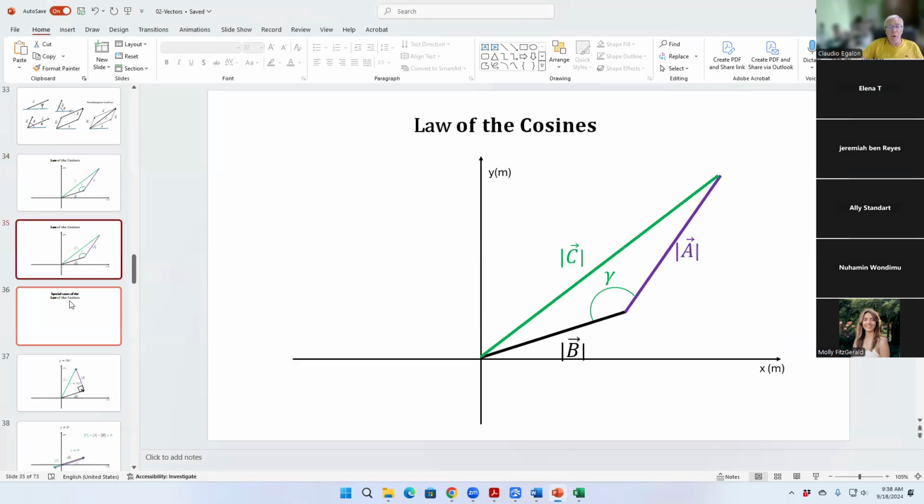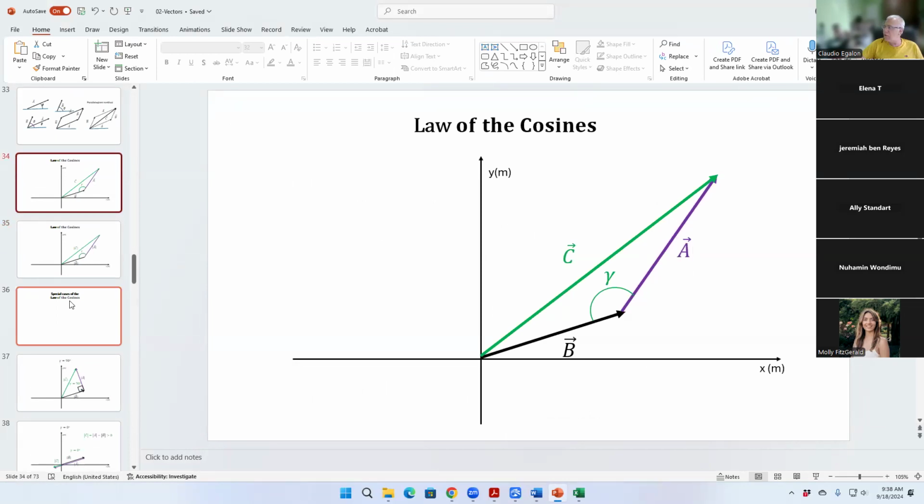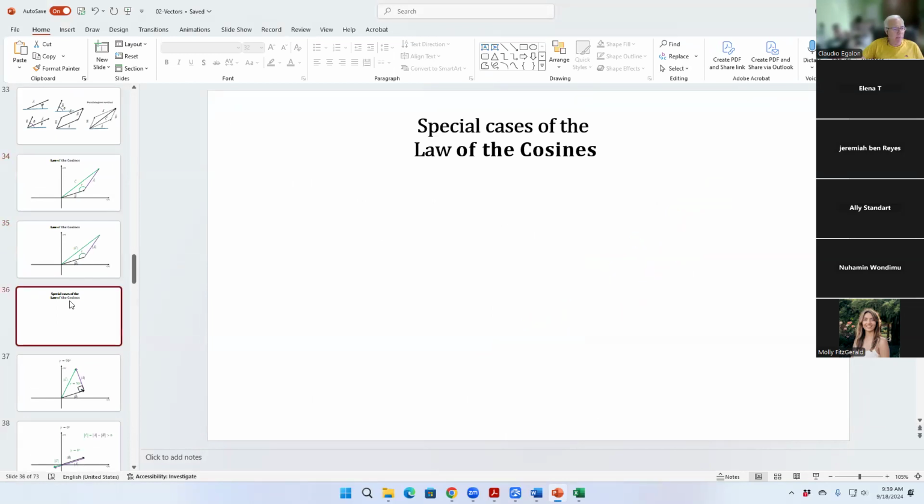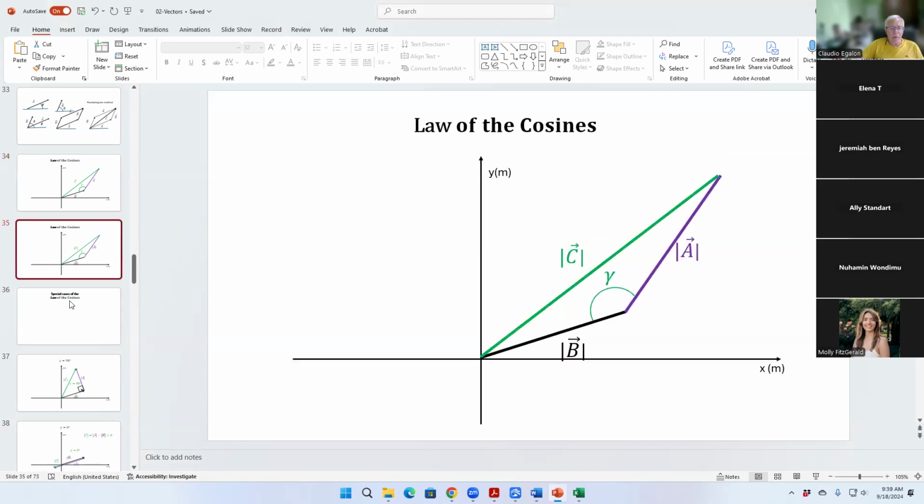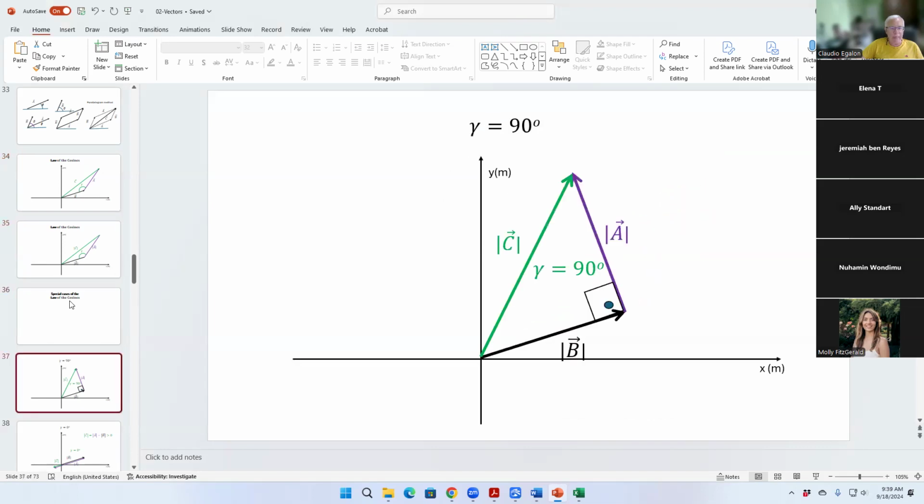You start with the most generic triangle, or let's say the most generic summation of vectors, and then come up with special cases, where the angle gamma becomes 90 degrees. And I should make it green, right? To keep it consistent with the colors that we have here.